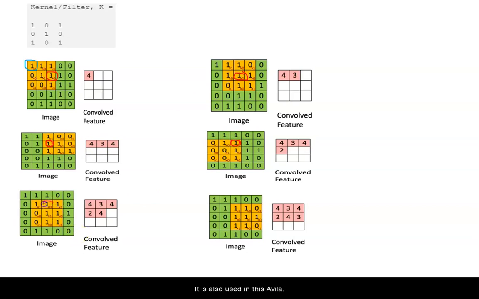It is also used in this overlap, and it is also used in this overlap. So clearly we can see that the pixels at the corners or at the edges of an image are used only once in the output, whereas the ones near the center become a part of more than one overlap.